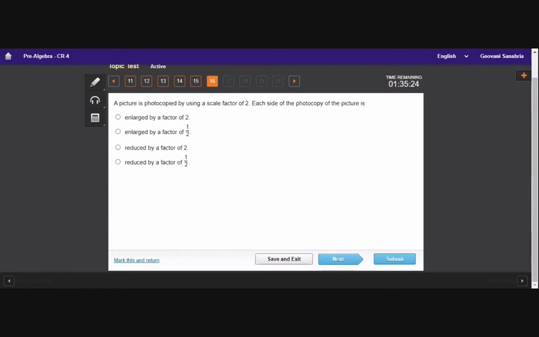Yep. Because the scale factor is bigger than 1, so it has to mean it's getting bigger. So it's either got to be the first one or the second one. But if you're getting bigger, you're not going to cut it in half. So yeah.